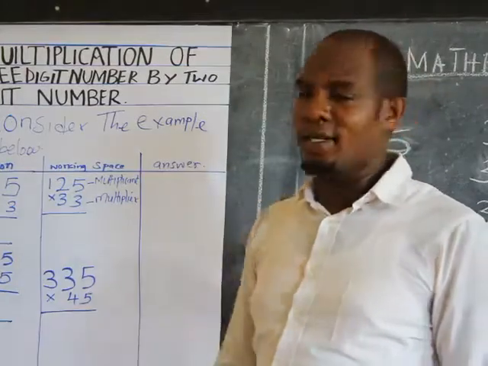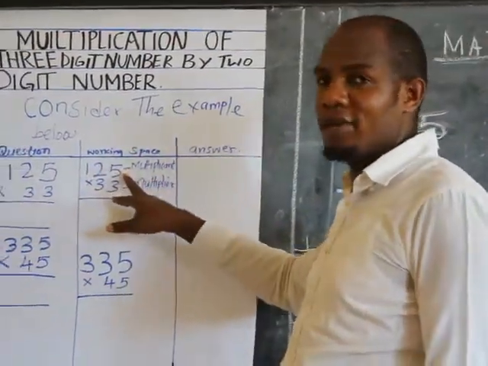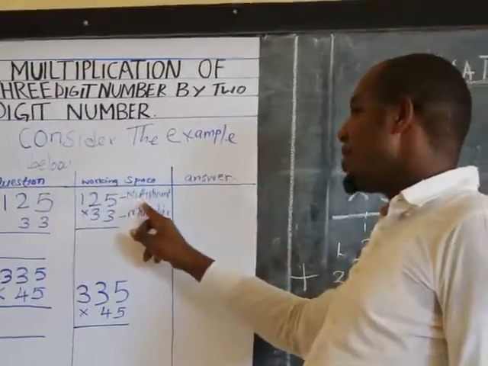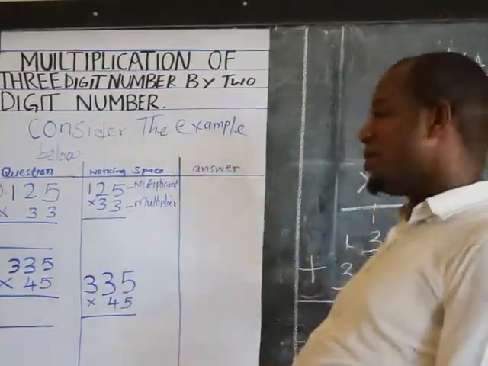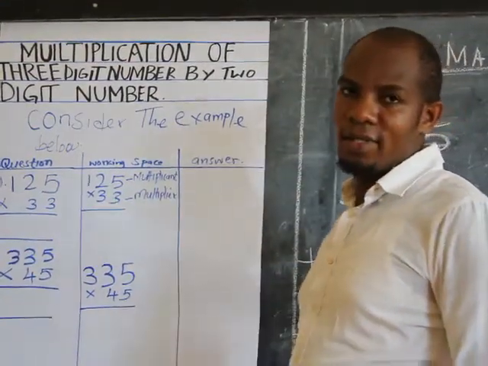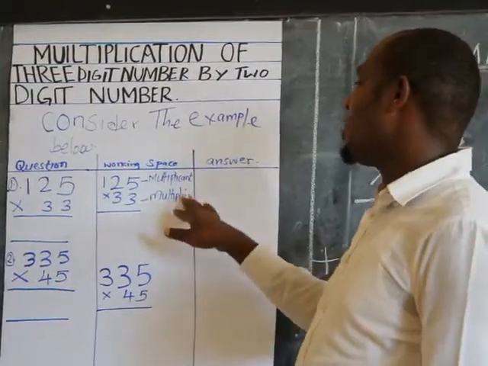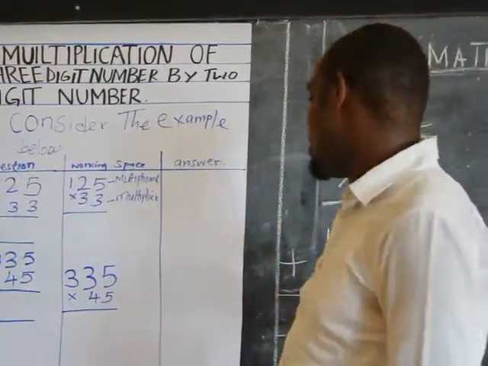For example, the given figure that we have here is 125. You are supposed to add it, repeating itself 33 times. So that's why we call this the multiplier, and 125 is the multiplicand.